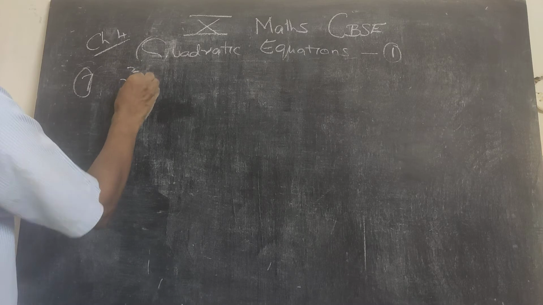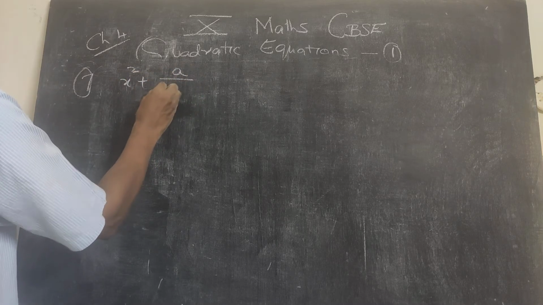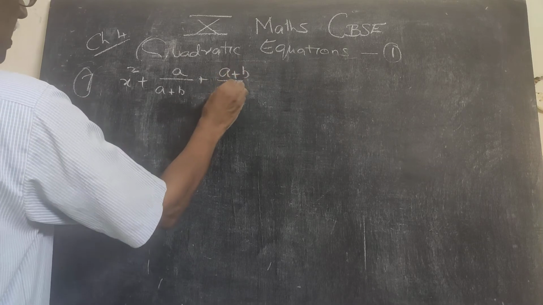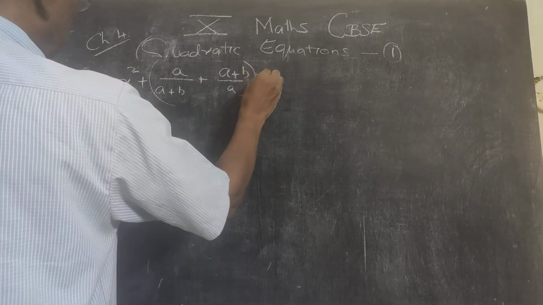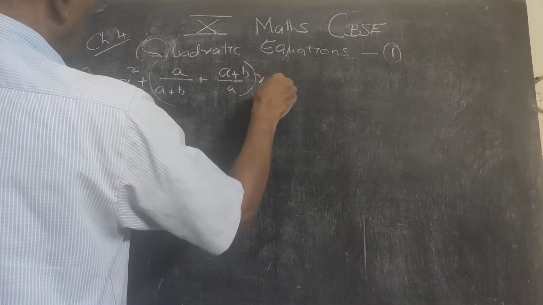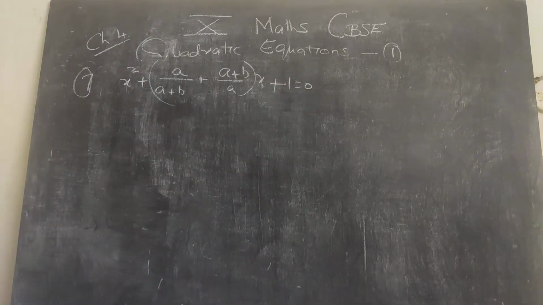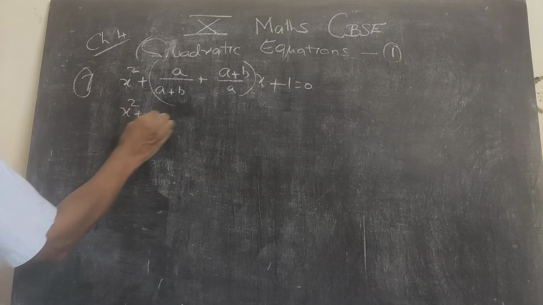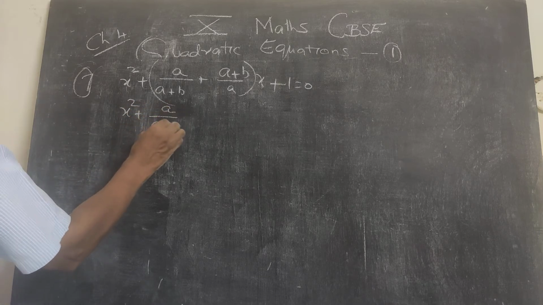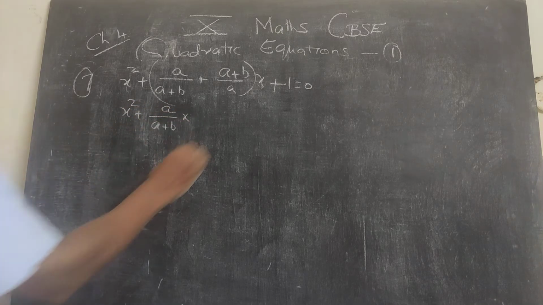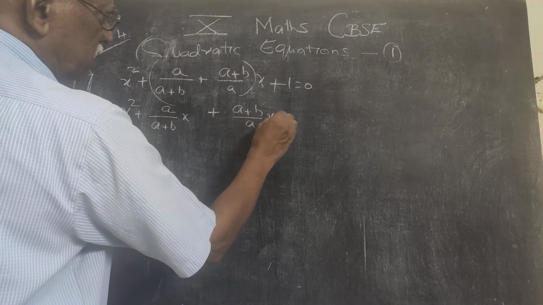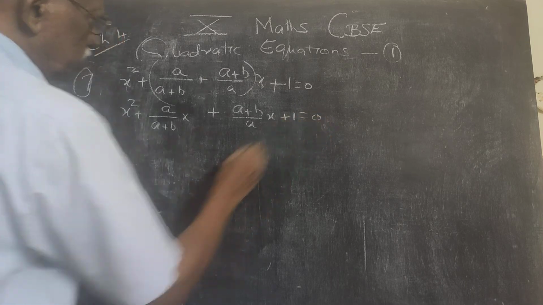x square plus a by a plus b plus a plus b by a in terms of x plus 1 equal to 0. Now remove the bracket: x square plus a divided by a plus b into x plus a plus b by a x plus 1 equal to 0.